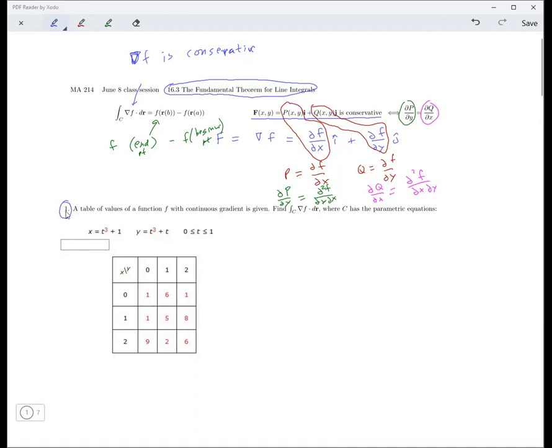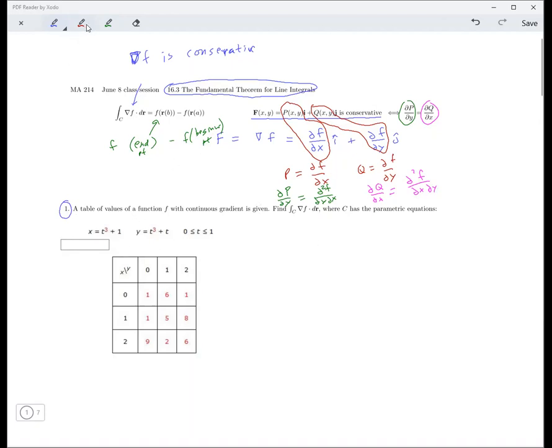Number one, a table of values with a continuous gradient is given. We want to find the integral of the gradient of f dot dr. That's this integral here, where C has these parametric equations.